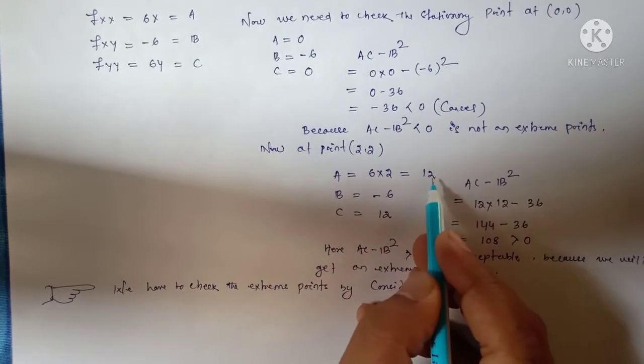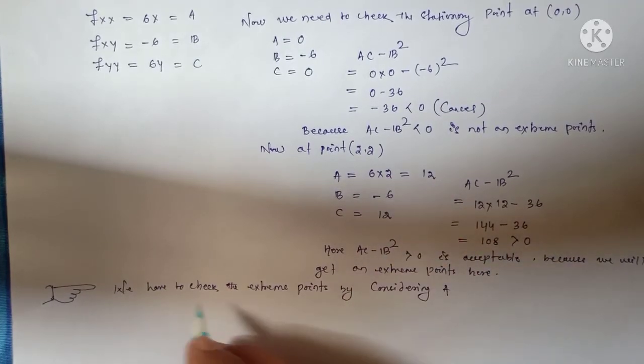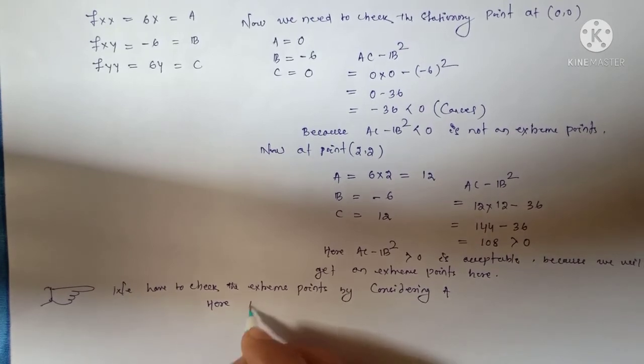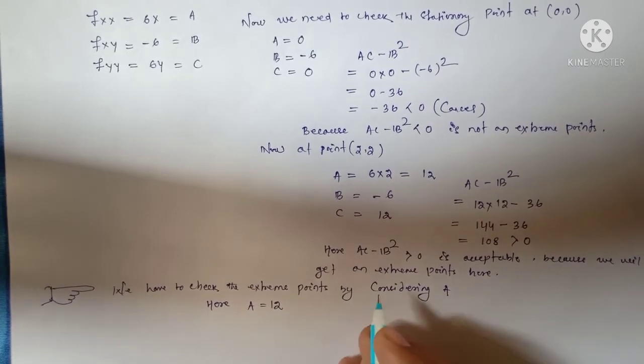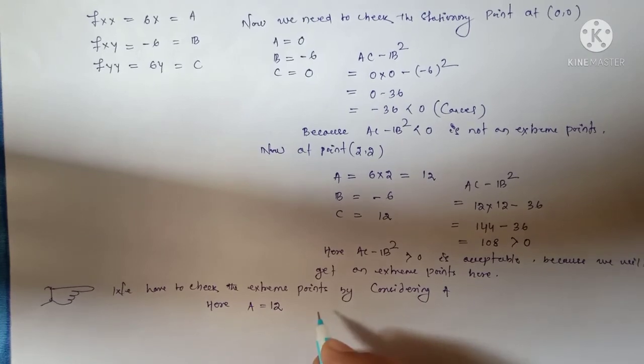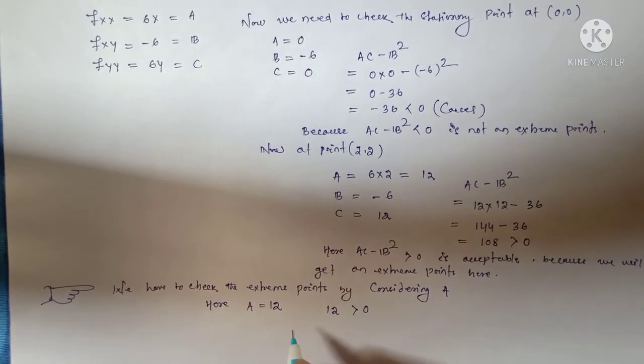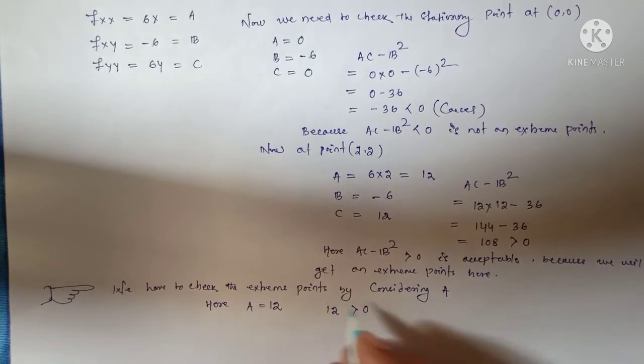A is 12, and of course you know 12 is greater than 0.